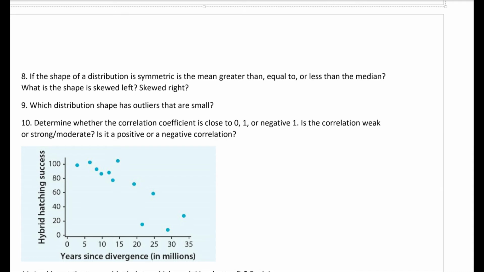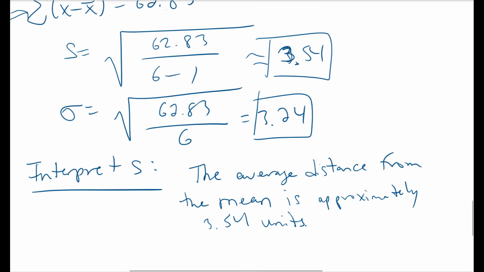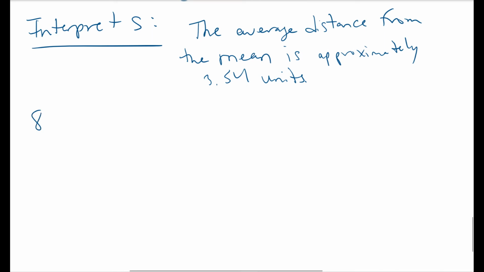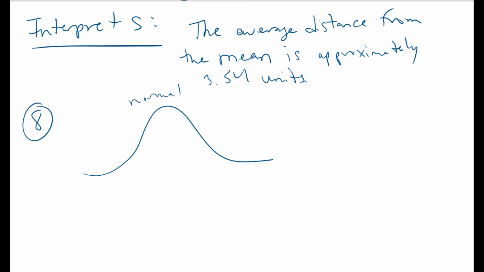So for number 8, I believe that was. So let's talk about symmetric. So if you have a distribution that is symmetric, or it should really say normal, not really symmetric, but that's fine.